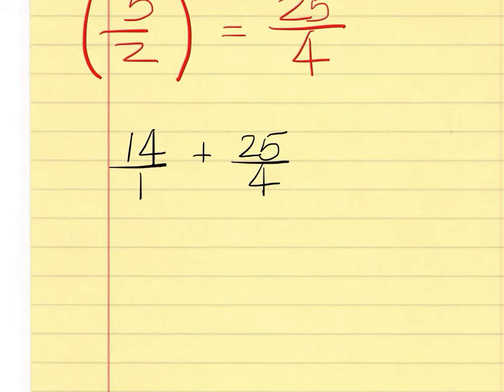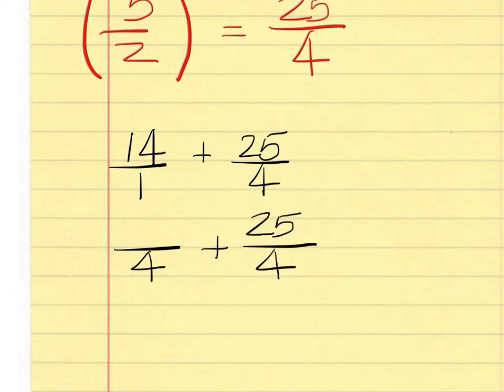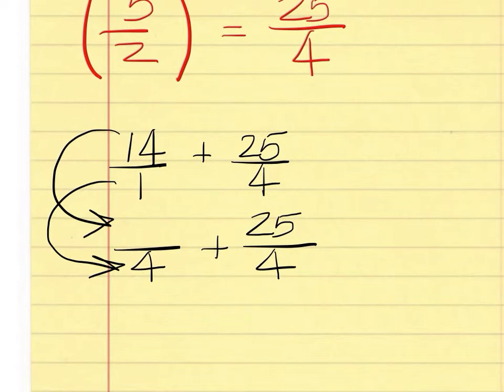What is the common denominator I need to add these two fractions together? You need a 4. What did I multiply this 1 by to get 4? 4. So I multiply 14 by 4 to get what? 56.